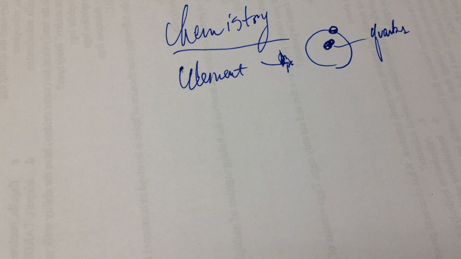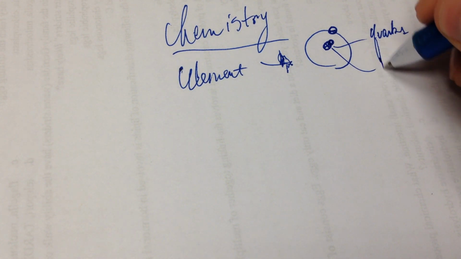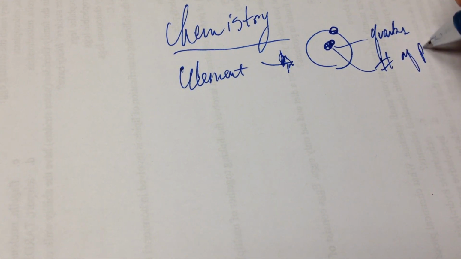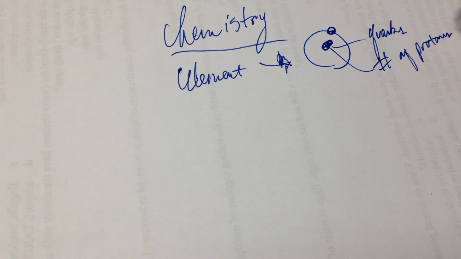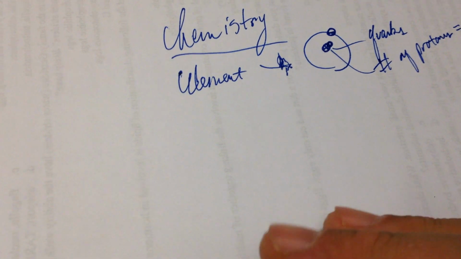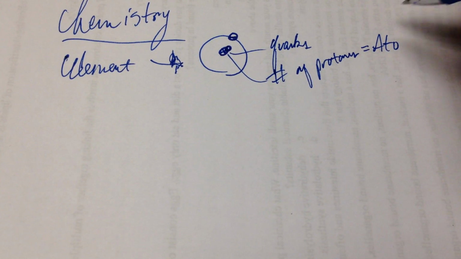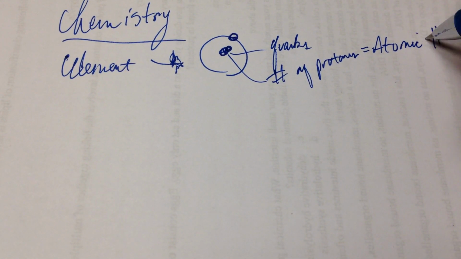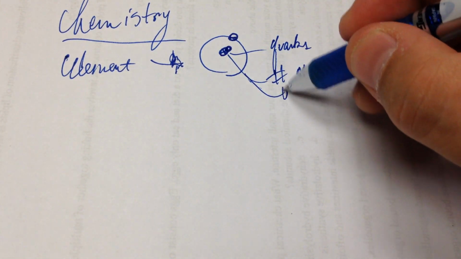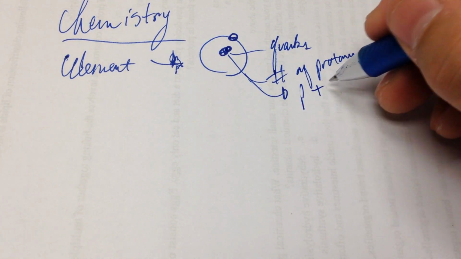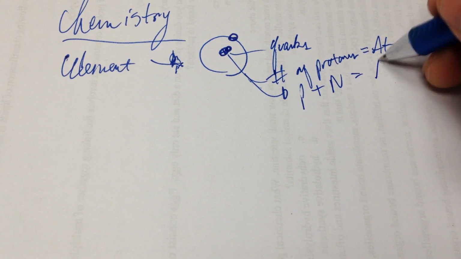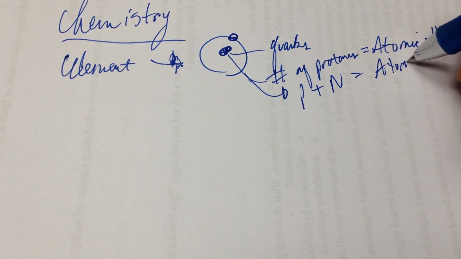Now, atomic number is the number of protons, right? The number of protons is the atomic number. And protons plus neutrons, that's the atomic mass.